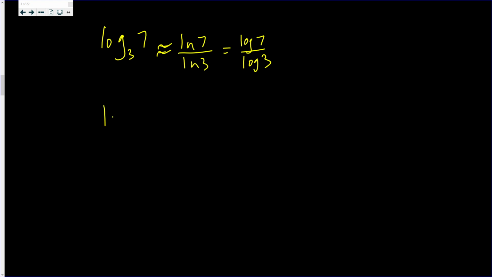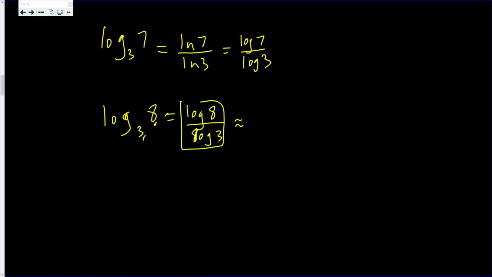Now, if you had log base 3 of 8, well, I don't know what to raise 3 to get 8, nor can I get those that have a common base. So I'll immediately say, well, I need a calculator. This is log 8 over log 3, and I meant to say that will give you an approximation. Up here, equal, 100% equal. But once you use that calculator, it gives you an approximate answer.